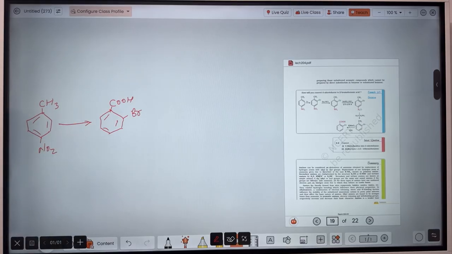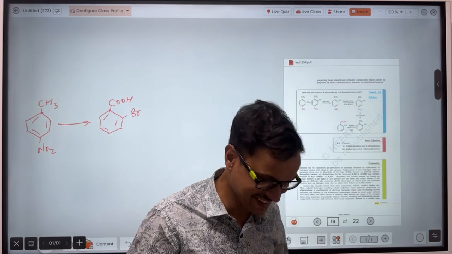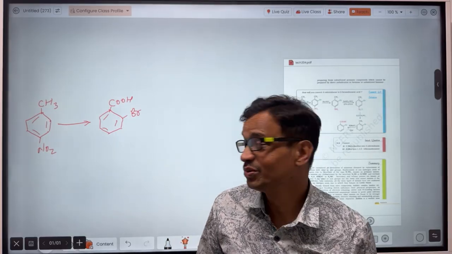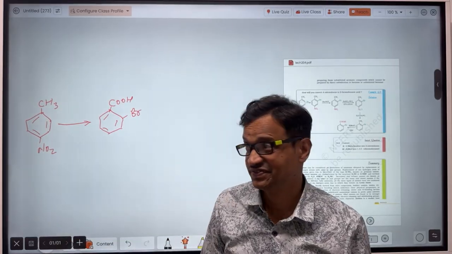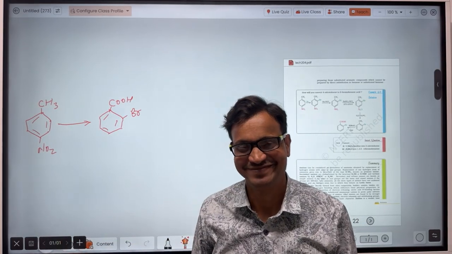How to prepare? In this compound, you will have to attach bromine to this ortho position, convert this CH3 into COOH, which you can do very easily, and NO2 you will have to take out from there. The main challenge here is how to take out the NO2 group from the benzene.